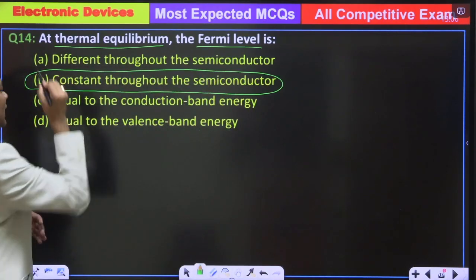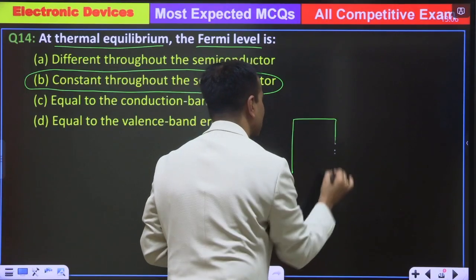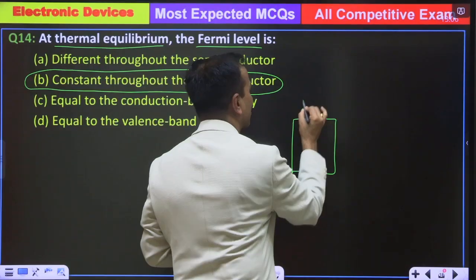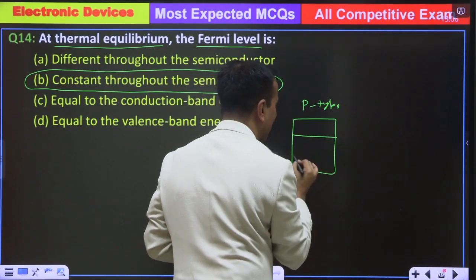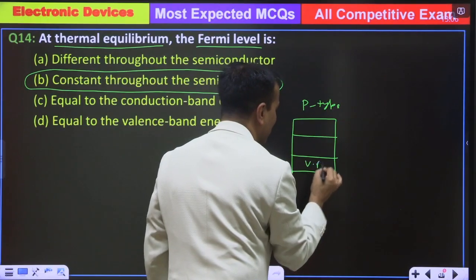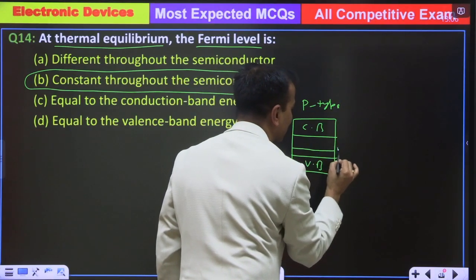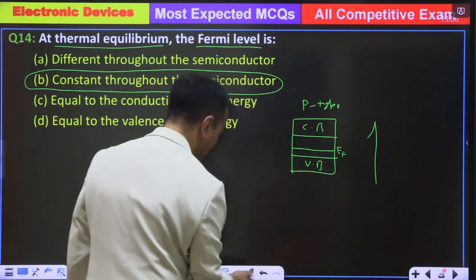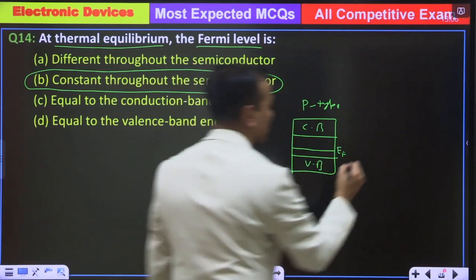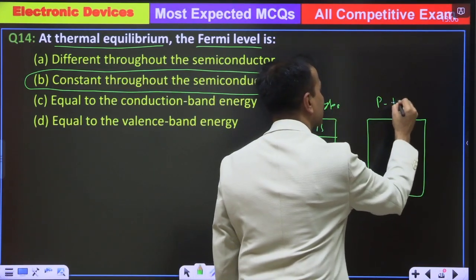Whatever we had seen earlier, for example, this is our P type semiconductor. As per the energy band diagram, this is the VB, this is the CB, and this side it has its Fermi energy level. This is for the P type semiconductor.